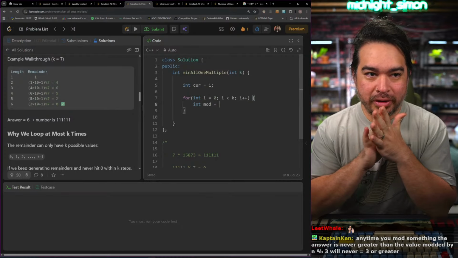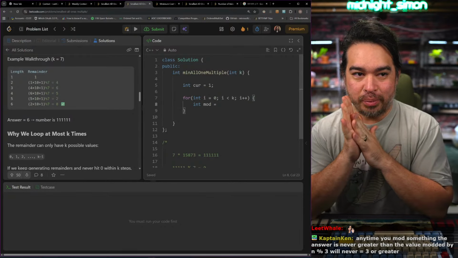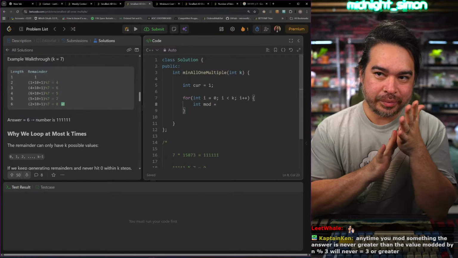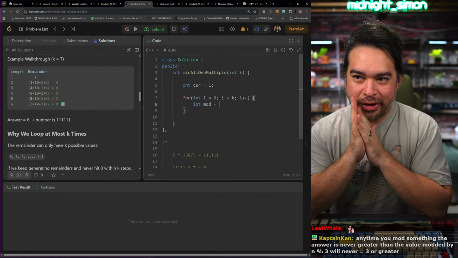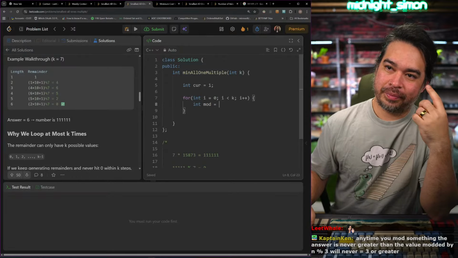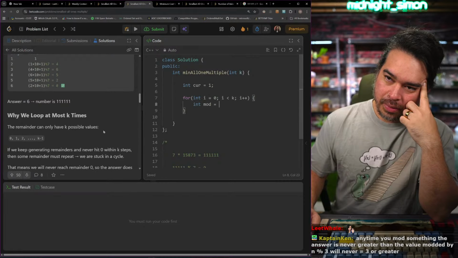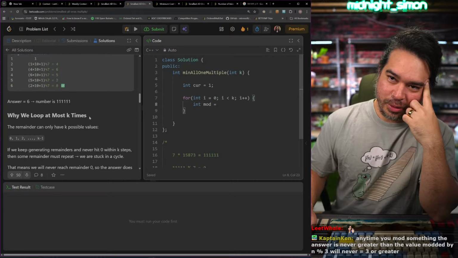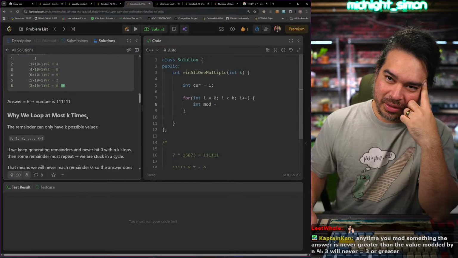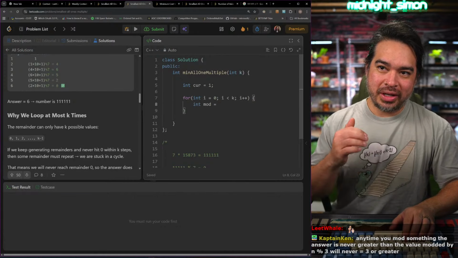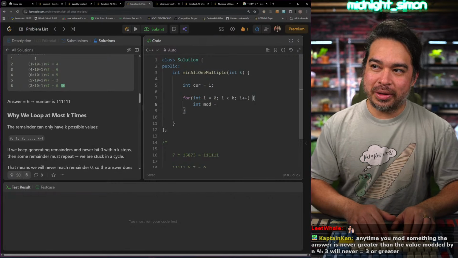Anytime you mod something, the answer is never greater than the value modded by. n mod 3 will never be greater than 3. Right. But still, I wouldn't have thought about when to exit this loop, you know? Modding is one of my weakest topics for sure.